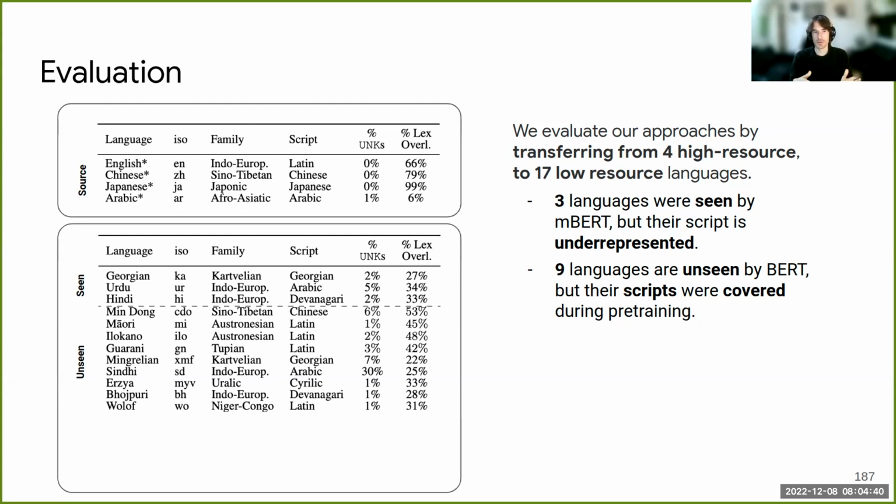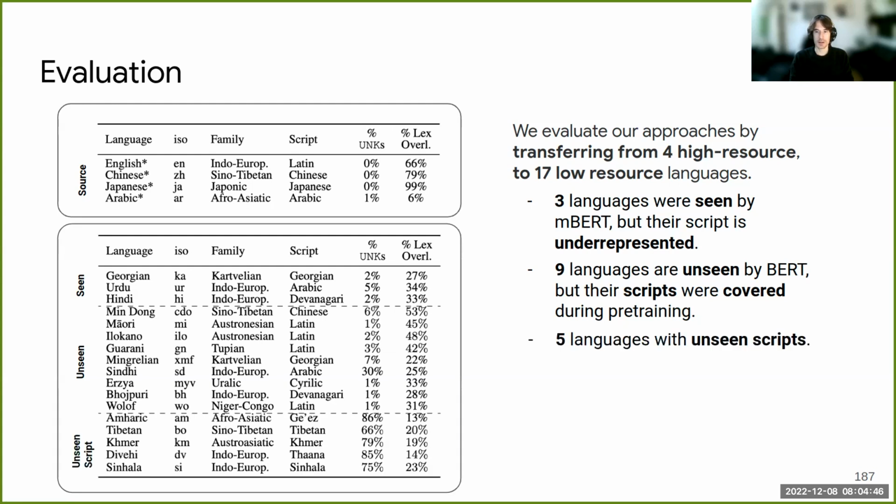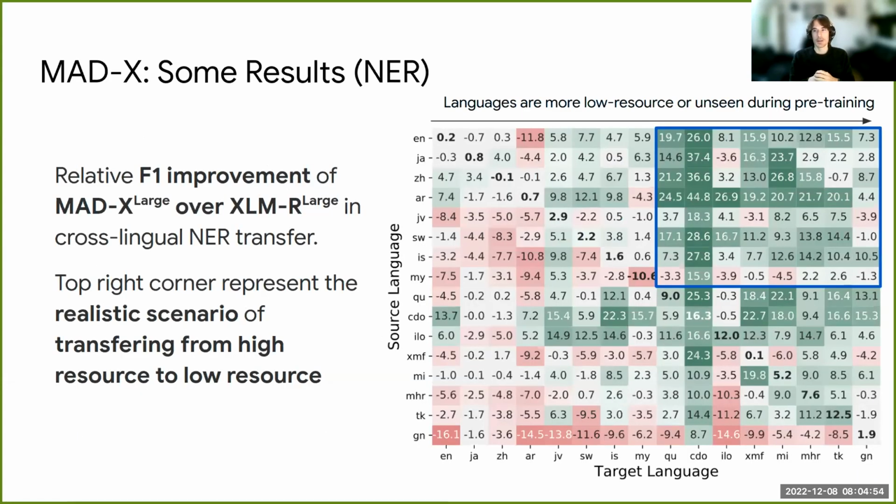Then we did a bunch of different subgroup analyses based on these different subgroups of languages in the evaluation. We had those 5 languages with unseen script. And the results were quite interesting. There are a lot of red squares in this particular grid of results.